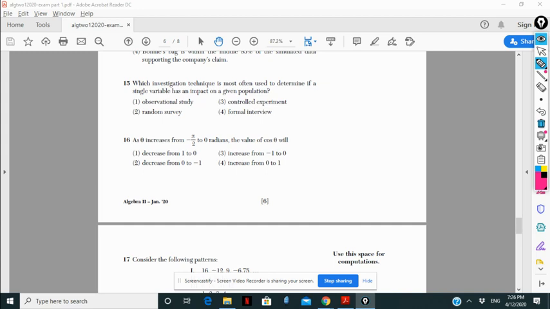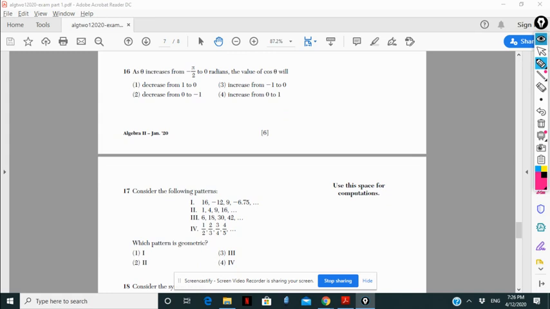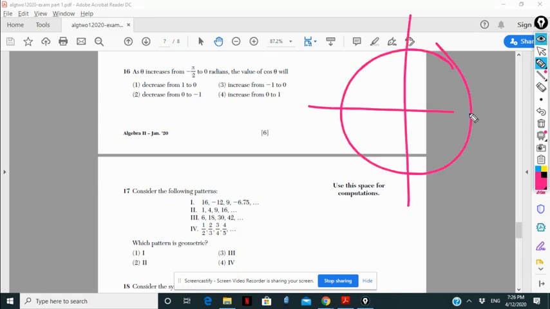Question number 16. As theta increases, okay, so here is the unit circle: 0, pi over 2, pi, 3 over 2 pi, and here 2 pi.